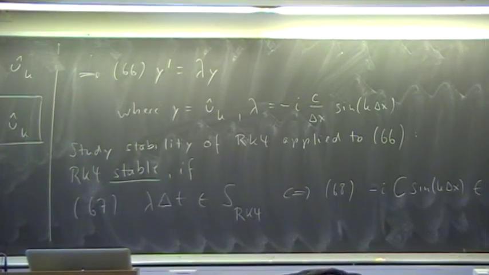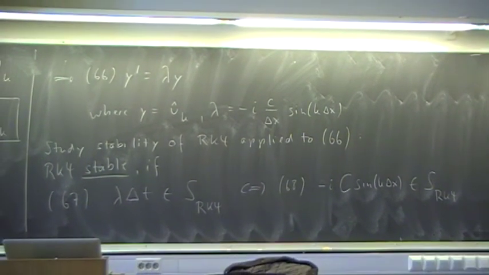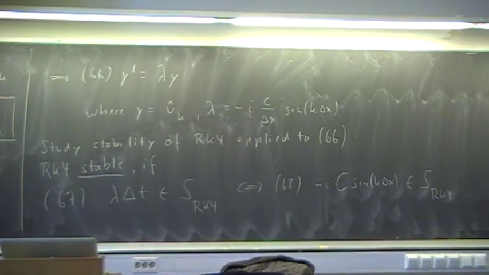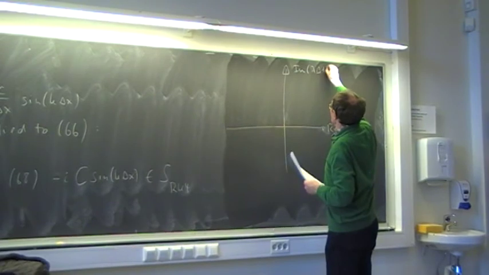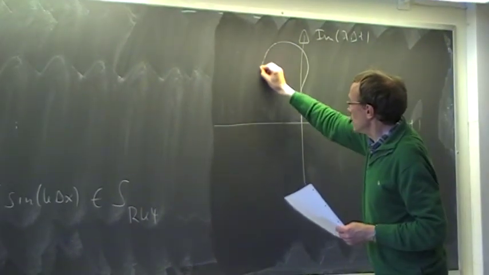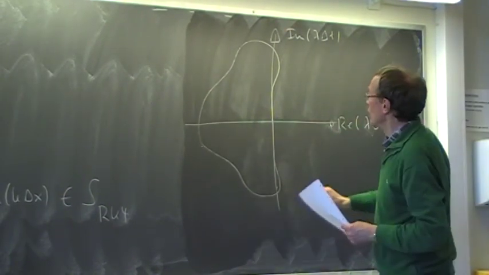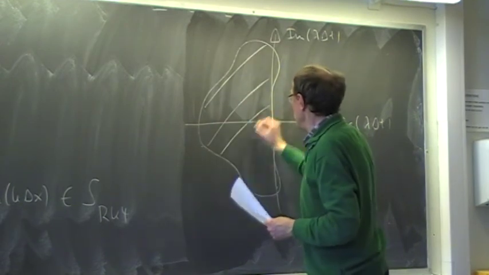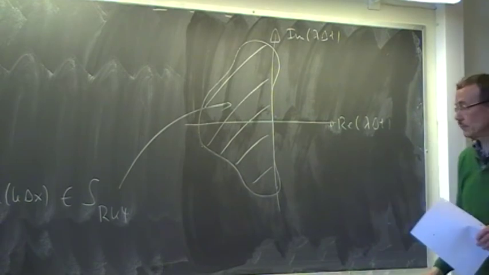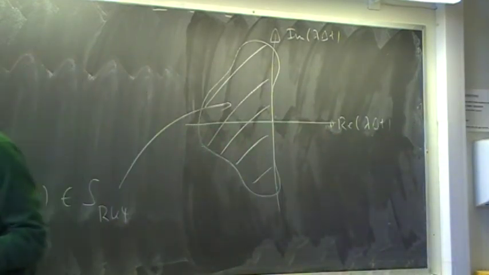Now we remember the stability domain of the Runge-Kutta 4 method, with the real part of lambda delta t and the imaginary part of lambda delta t. The stability domain was something like this. It's a kidney shape, something like that. So this is the stability domain of the Runge-Kutta method. And what is our lambda delta t?